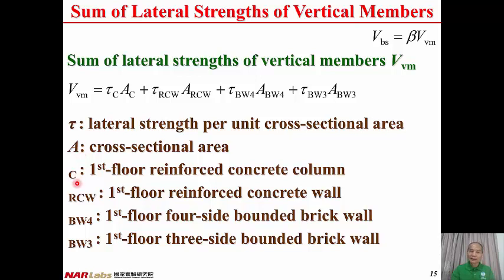Subscript C stands for first floor reinforced concrete column, RCW, first floor reinforced concrete wall, BW4, first floor 4-side bounded brick wall, and BW3 is first floor 3-side bounded brick wall.